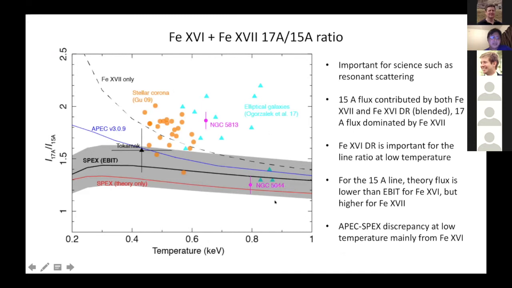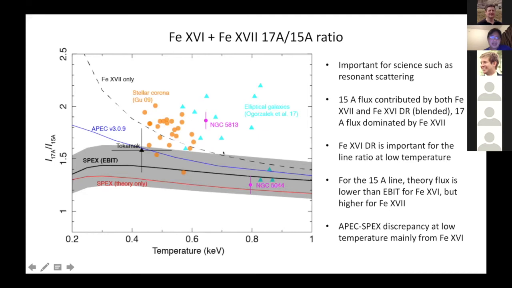So we have updated the classic plot by taking into account also the DR line. And this becomes an astrophysically interesting line ratio, as it's quite relevant to a range of science topics for the stellar corona, for the galaxies, and for the clusters.